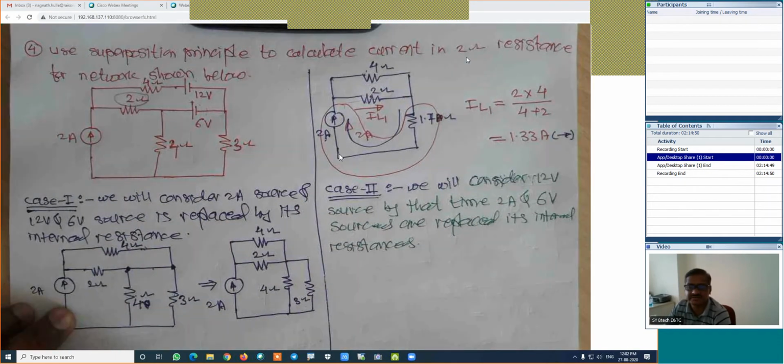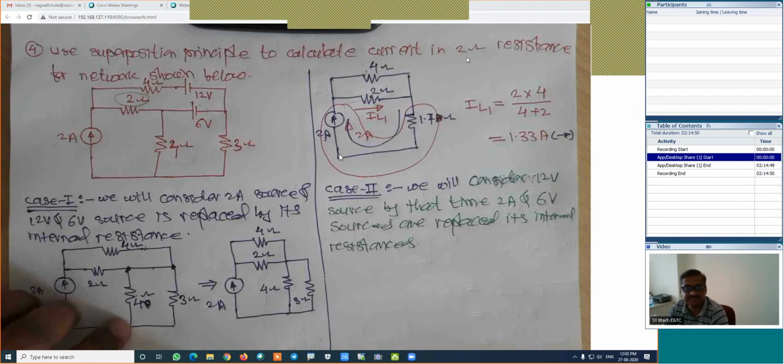Its internal resistances. Draw its figure first. How is the figure for case 2?